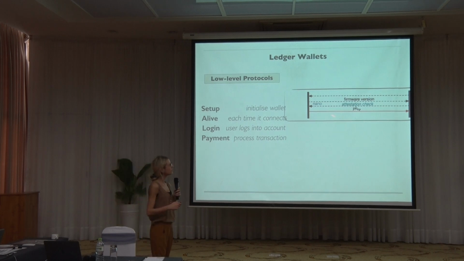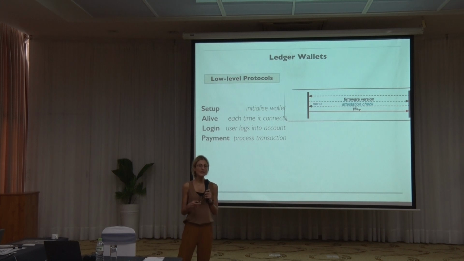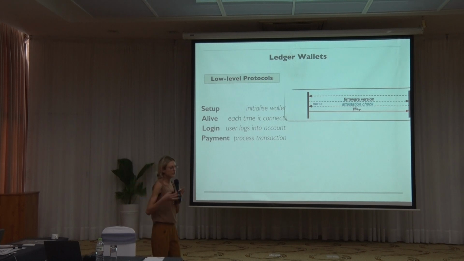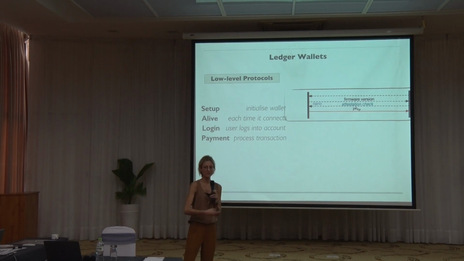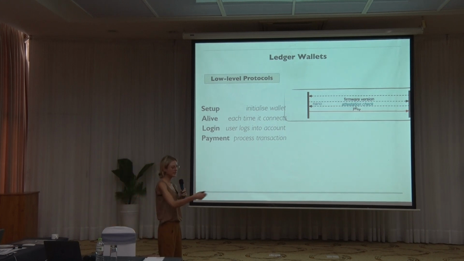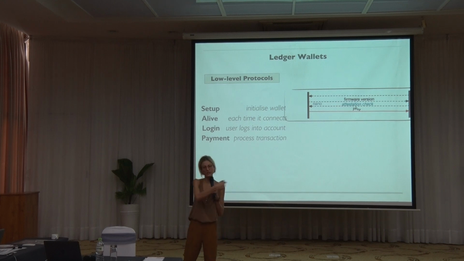So what's going on here? Ledger and many other companies have a key store. They call it key store. It's a data set where they store keys online on their servers. So they actually pre-generate a set of public keys. They store it online, and whenever the user wants a new address, they just query that key store and get the new address.